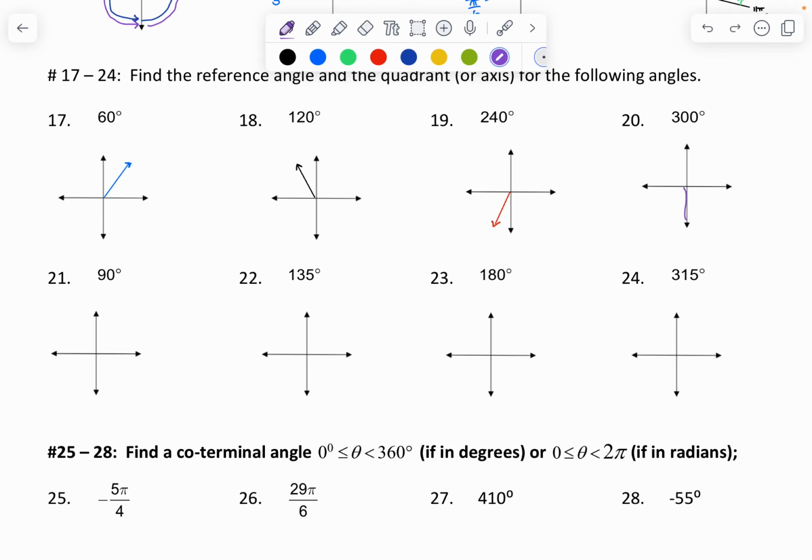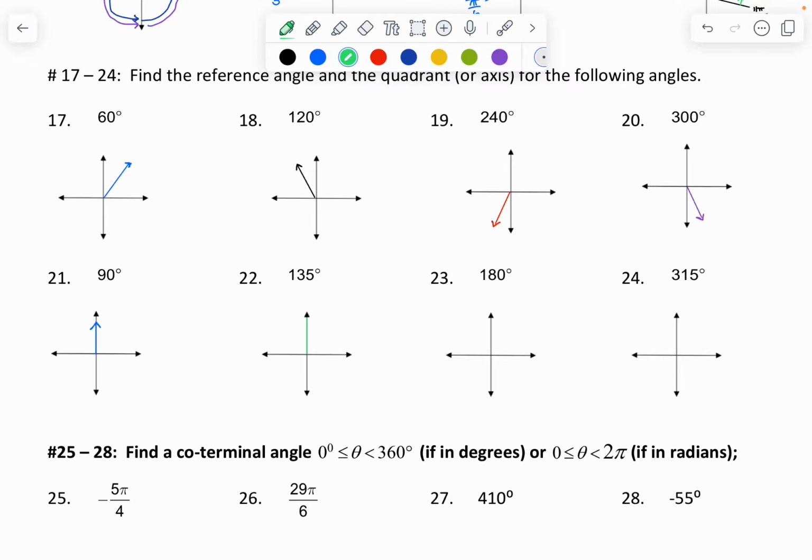If this is 270 and this is 360, it's going to be down around this area. 90 is going to be straight up. 135.